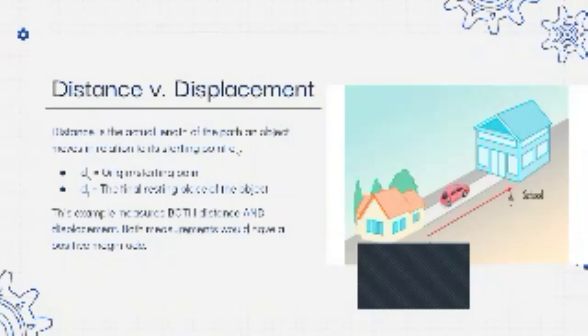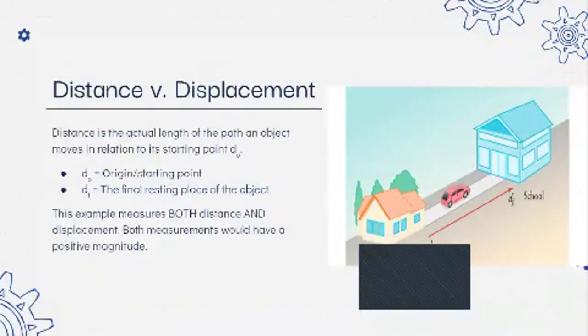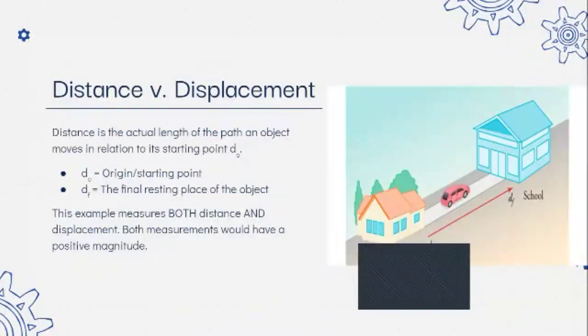What if this car leaves school and now comes all the way back home? What is its magnitude of displacement going to be? It's going to be 0. What is the distance going to be? The distance is going to be double whatever the initial drive from the house to the school was, especially if it's a straight line.